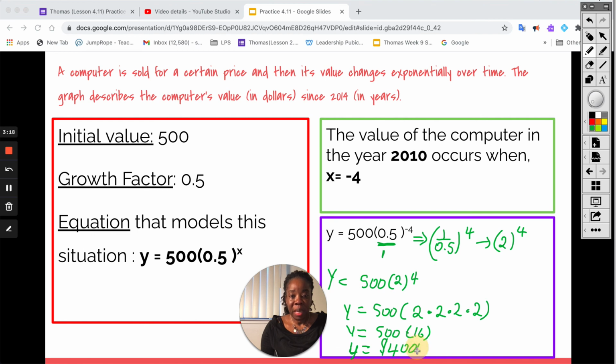So what that means is that the cost of the computer in the year 2010, before it was devaluing from that initial value, was $4,000.